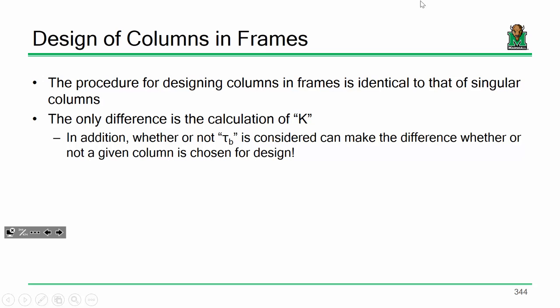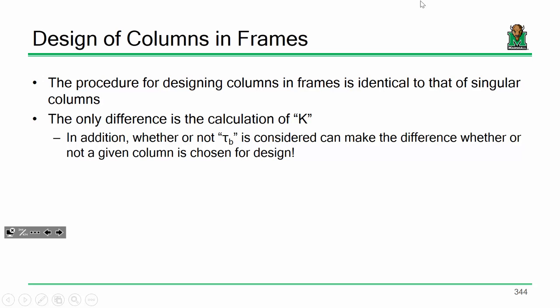Let's see if you all remember how to do this. We get our factored load. Let's take Fy as 50 ksi, and then we go into Table 4-1 with our weak axis KL. We pick out some trial shapes, and then we go back and check the strong axis.